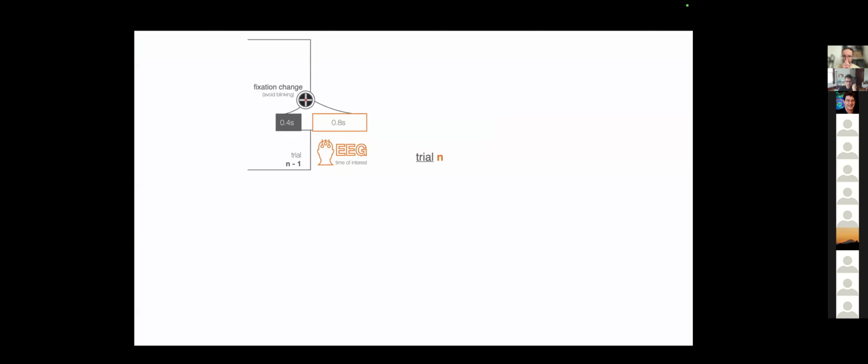How would a trial look? Coming from the previous trial, 0.4 seconds before the onset of the new trial, there would be a fixation change. The red dot that you see in this fixation indicator previously was green, and 0.4 seconds after the onset of the actual trial, this fixation indicator would turn red, indicating to the subjects that they should avoid blinking now.